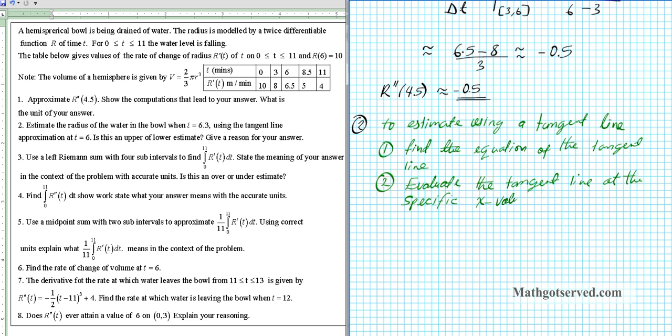In this case, the x value we're going to be evaluating the tangent line at is 6.3.